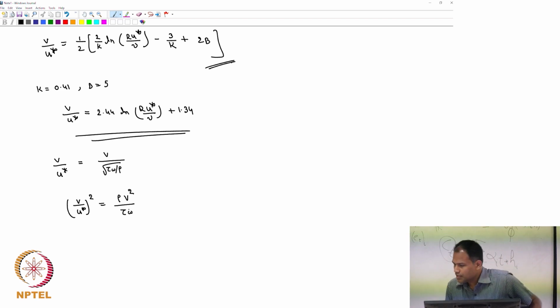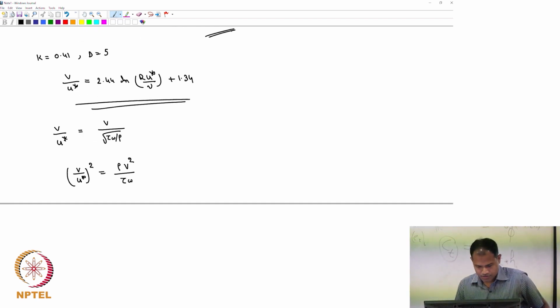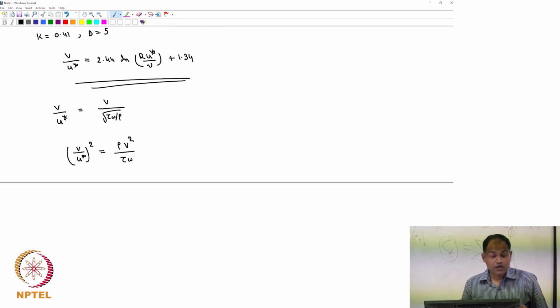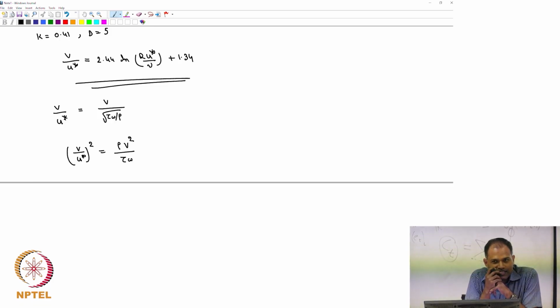Correct? And what is the connection between tau W and the definition of friction factor? You can just check your notes and tell. In terms of wall shear stress.